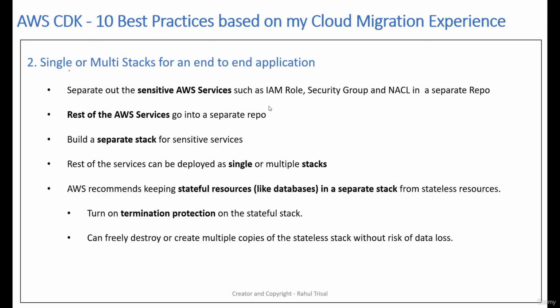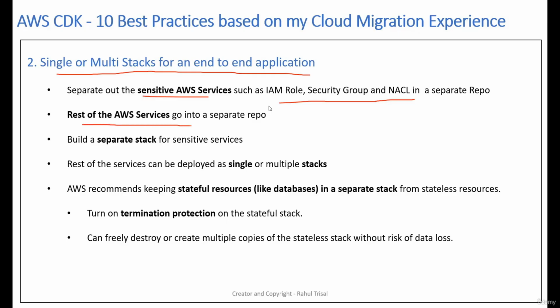The second one is on single or multi-stack deployment for an end-to-end application. And we looked at both the scenarios. We created a single stack and multi-stack. There is no right or wrong answer for this, but the approach that we followed was that we created two separate repos, one for sensitive AWS services such as IAM role, security group, and NACL, because you want access to those repos for a limited number of users because they are sensitive AWS services.